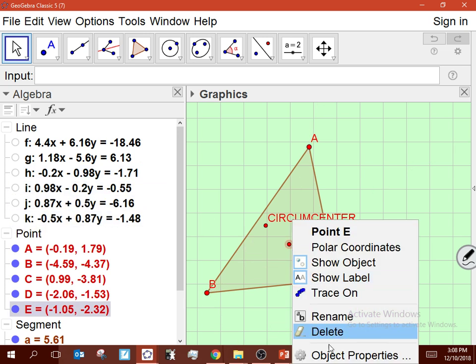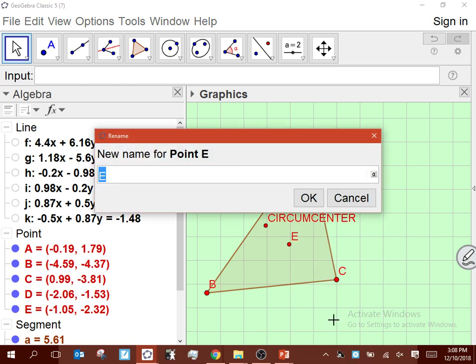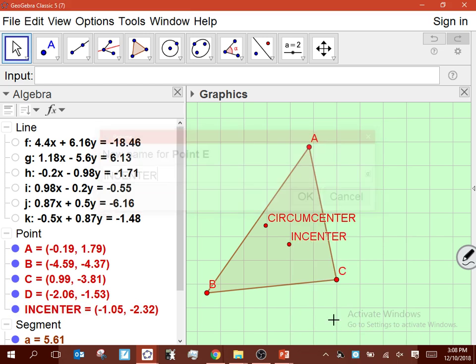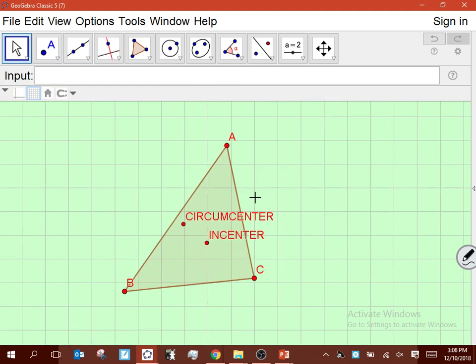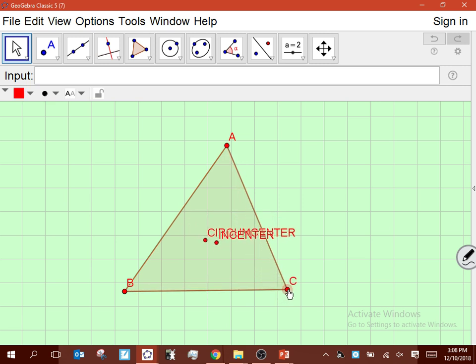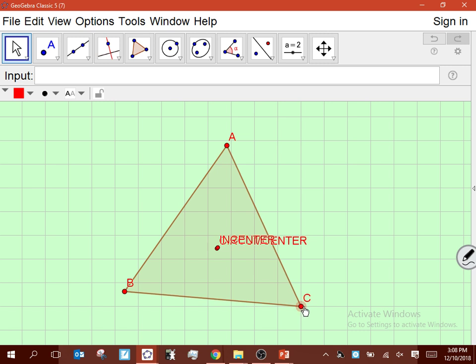So this point here is referred to as the in-center, right? Now the question is, are they the same point? No, obviously for this one they're not, right? Do you think that maybe eventually they will be? Okay, so now let's see if I can do it this way.